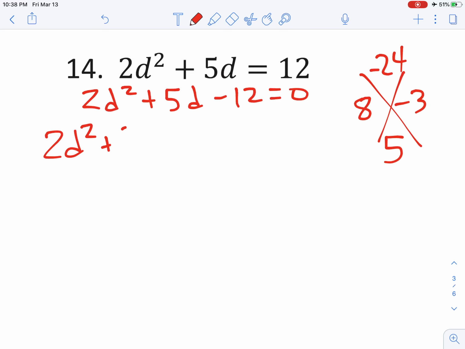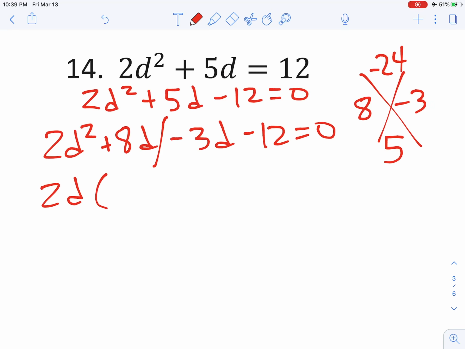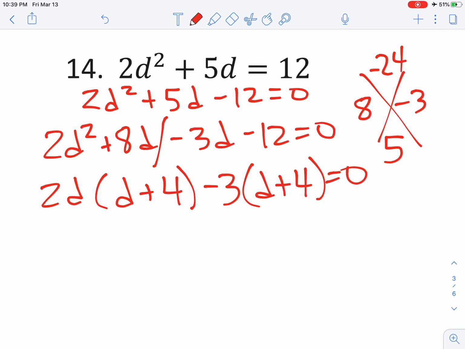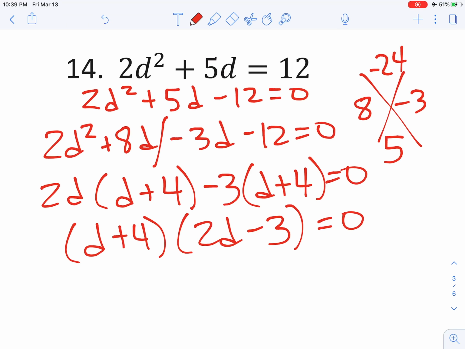So 2d squared, plus 8d minus 3d, minus 12 equals 0. Take out a 2d and get d plus 4. Take out a negative 3 and get d plus 4 equals 0. So I have d plus 4 and I have 2d minus 3 equals 0.